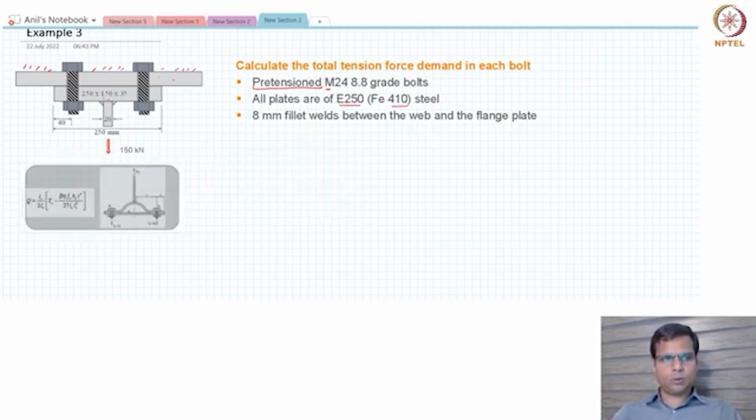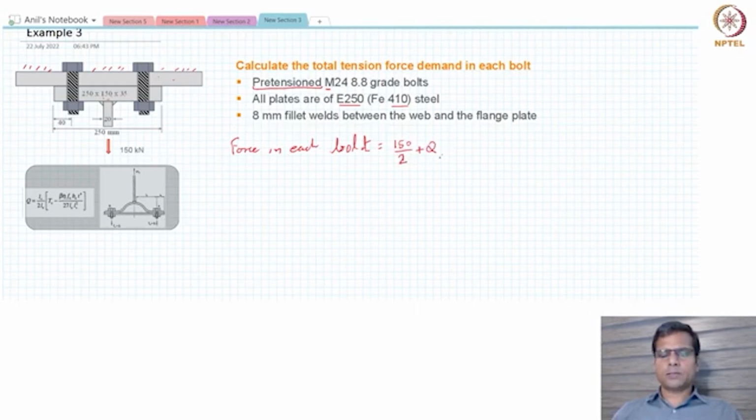Now in this expression you might see Q is the additional force. So each bolt is likely to have a force equal to 150 kilonewton divided by 2 plus the Q force.